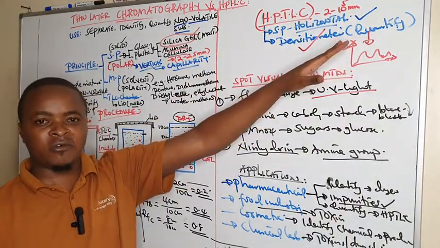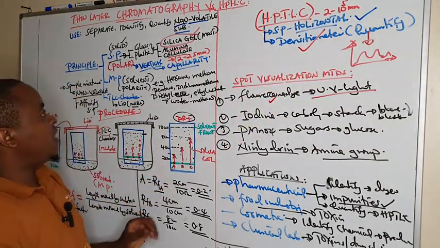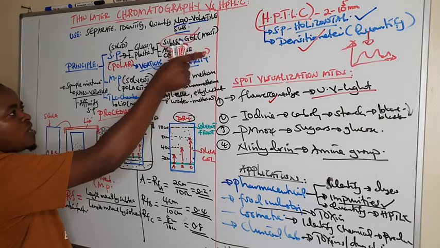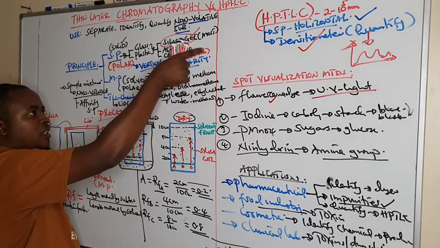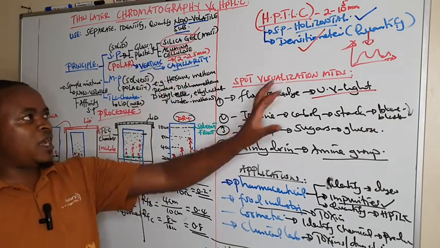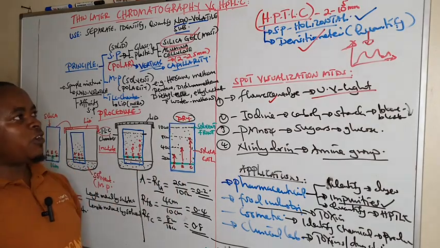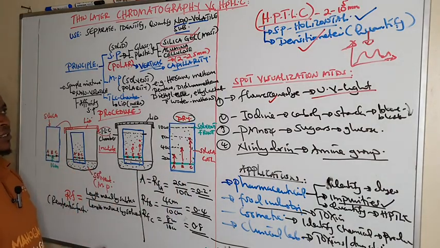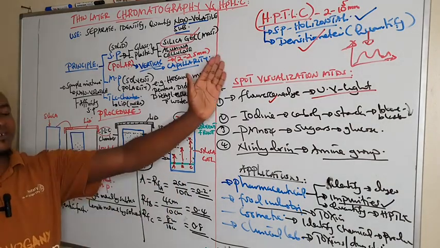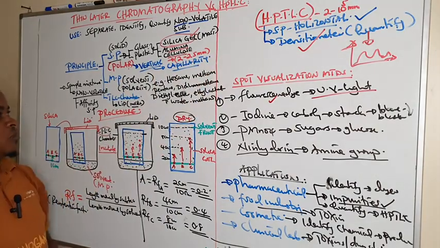That is the advantage of high performance. Another advantage is that the stationary phase has a big particle size, whereas this one has a smaller size, which makes high performance thin layer very effective. That is why we prefer high performance thin layer chromatography.